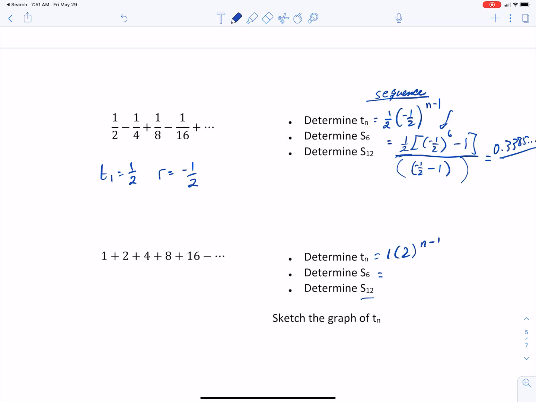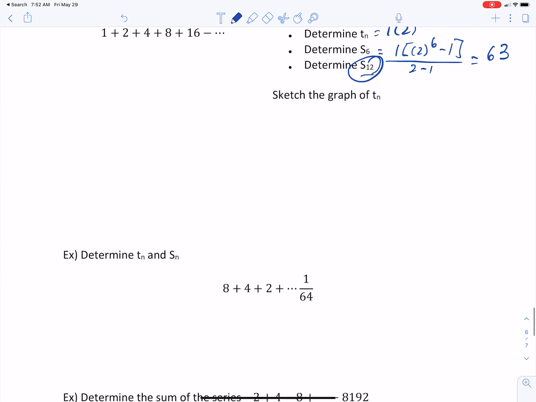So there I'm going to have 1 times, in brackets here, 2 to the power 6 minus 1 over 2 minus 1. So I'm going to put 2 to the power 6, which is 64, minus 1 is 63, times 1 over 1 is 63. We already did this one, all right?